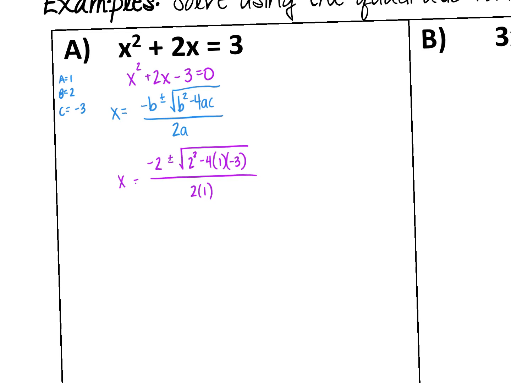So now, simplify underneath the radical first. 4, and then this is where it gets tricky. You have minus and then a negative, so it's going to be plus. So 4 plus 12, and then remember that's all over 2. It's 2 times 1. So negative 2 plus or minus square root of 16 all over 2.